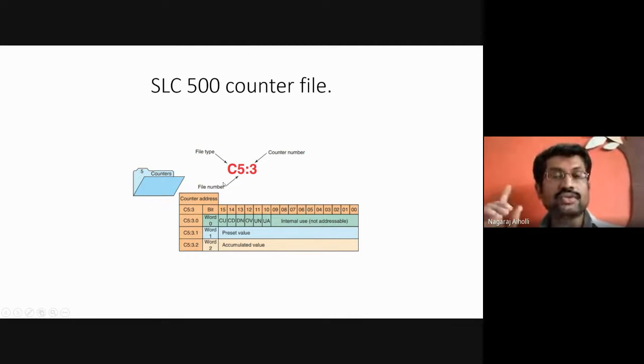There we used T5:3 for the timers. T means timer, 5 means it is a file number, and 3 stands for the timer number. Here it's the same thing. C stands for file type, that is counter file. The next number is giving the file number, and the third number gives the counter number.